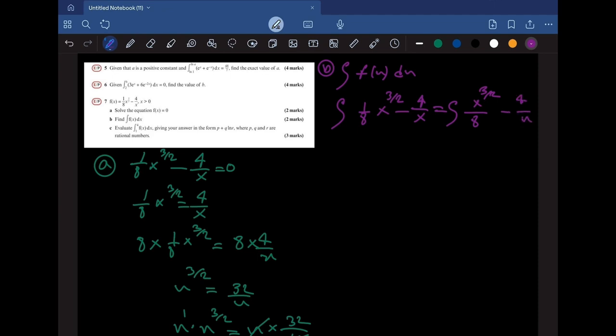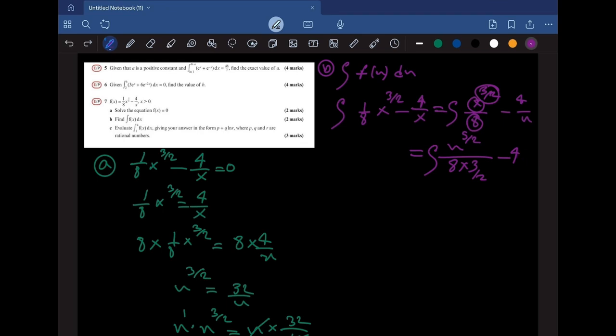Minus 4 by x. So now what we can do is, we will increase the power by 1. So it will become x^(5/2), and this x^(5/2) will be divided by 3 by 2. So 8 into 3 by 2, and minus 4 by x becomes minus 4 ln x, sorry, my bad.